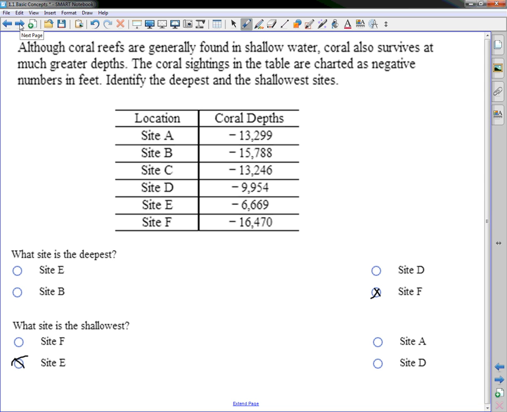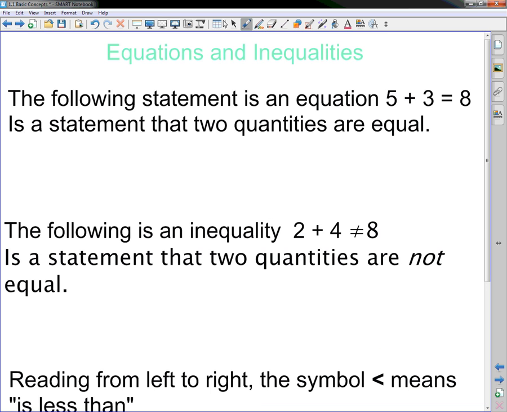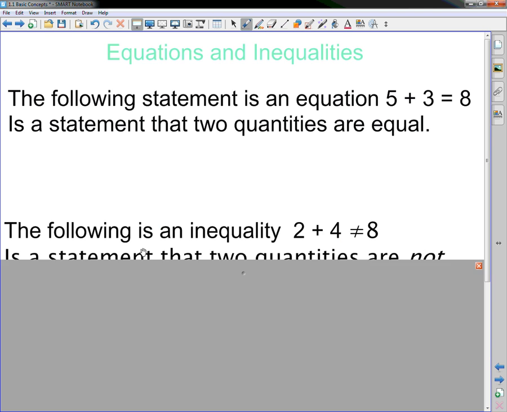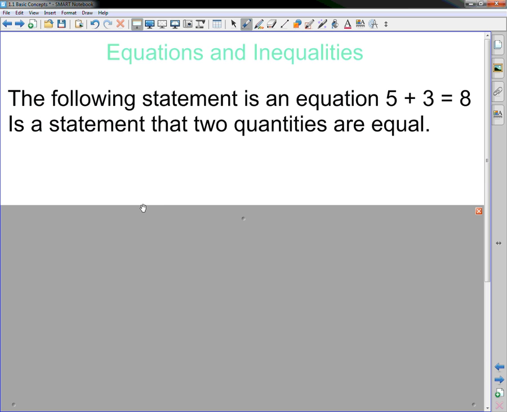Again, pause me if I'm moving too fast. So we're going to look at equations and inequalities. I know this section sort of jumps around. So the following statement is an equation. 5 plus 3 equals 8. Notice the equal sign. So an equation is a statement that two quantities are equal.